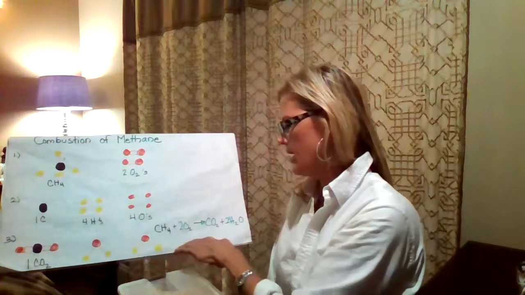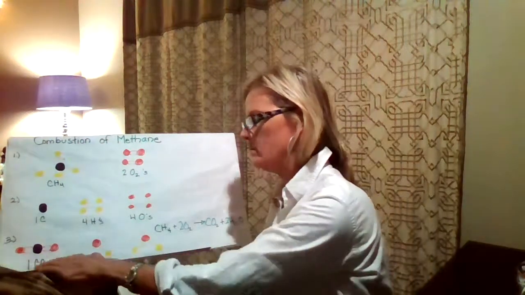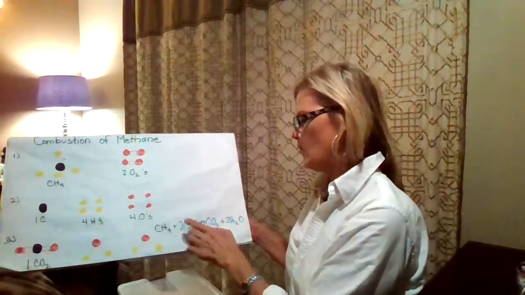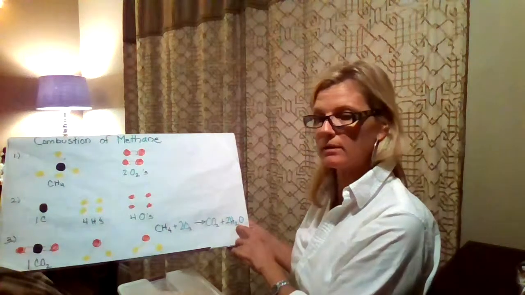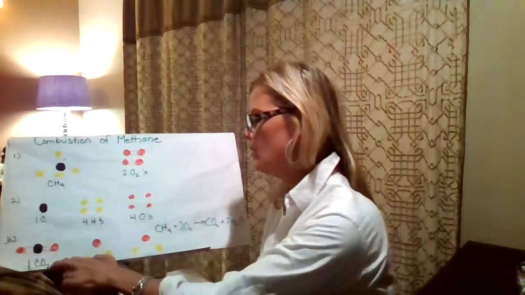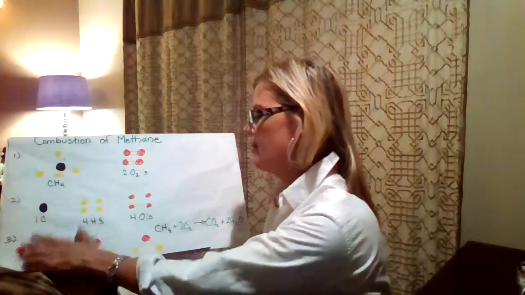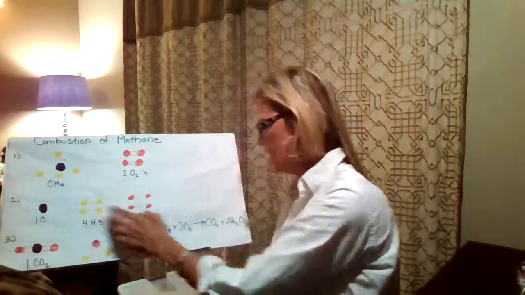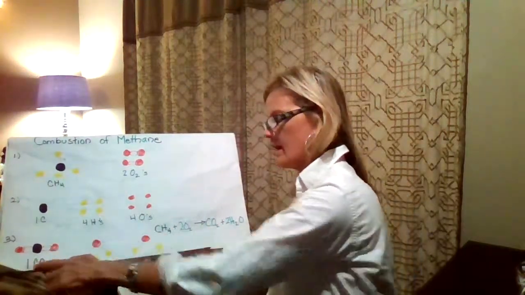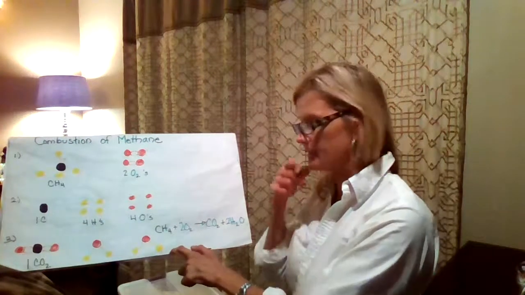They all recombine, and this is what it looks like. We get 1 CO2 and 2 water molecules. This is the reactant side, and this is the product side, our end product after it recombines.